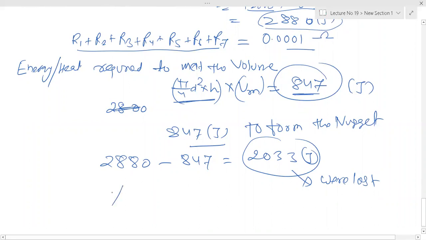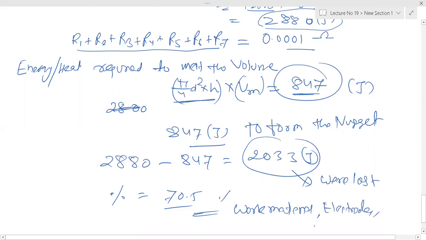The percentage is almost 70.5% heat lost to the work material, electrodes and surrounding. Individually we don't know how much through the work material or the electrode. Taken all together, about 70% of the heat is dissipated into the surrounding.